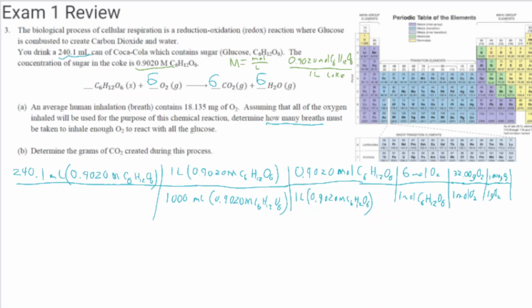All right, it said 1 breath contains 18.135 milligrams of O2. So I'm going to put milligrams of O2 on bottom, and we're going to say 18.135 milligrams of O2 for every 1 breath.